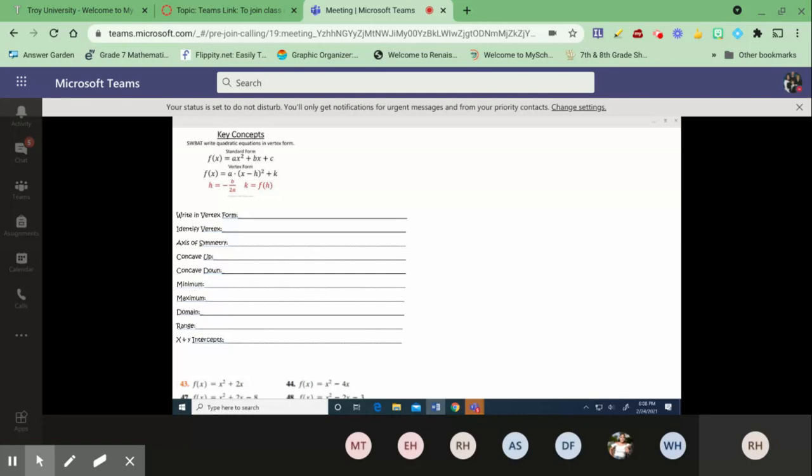Because I can write that as x minus 2 squared, right? What can I multiply that would get me a positive 4 and add up to a negative 2?